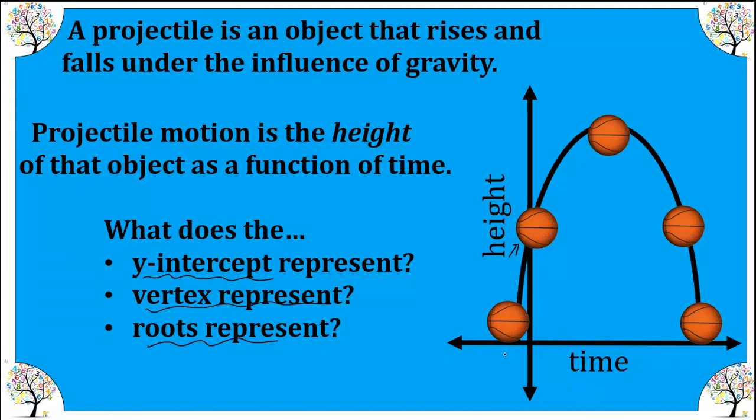Our roots represent when the ball lands on the ground, how many seconds it takes the ball to land on the ground. And in many situations, the root on the left may be negative, so it is irrelevant because we can't have negative time.